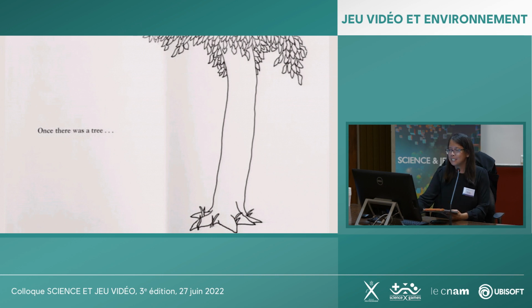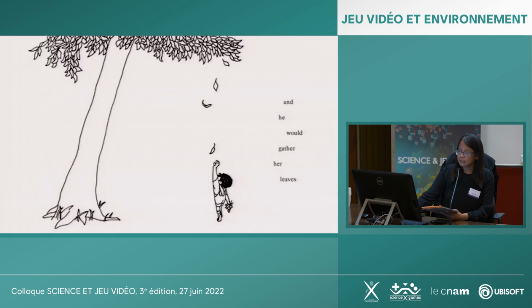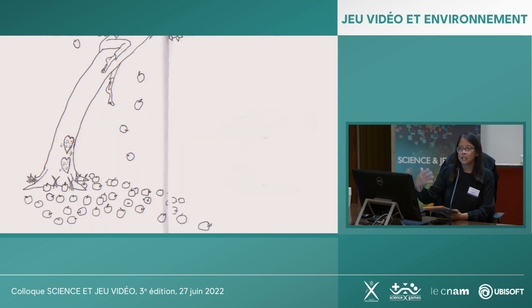So it's a story about a tree, an apple tree who loved a little boy, and over the course of her lifetime and his lifetime, she gives of herself. So first it's leaves for him to make a crown and allowing him to play in her branches. But as he gets older, he desires more things, right? He wants money. So he lets her take all her apples and sell them for money.